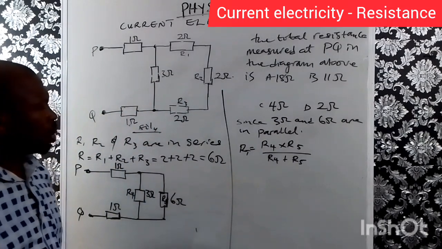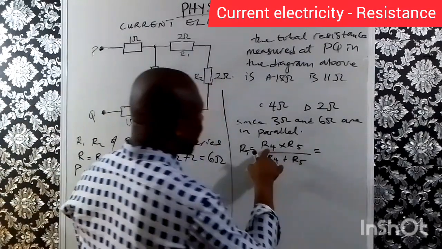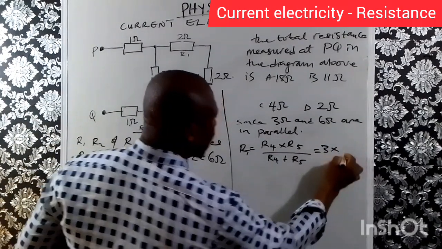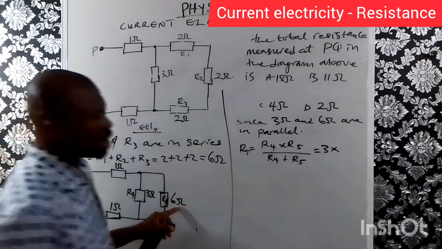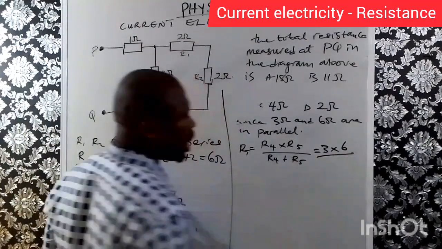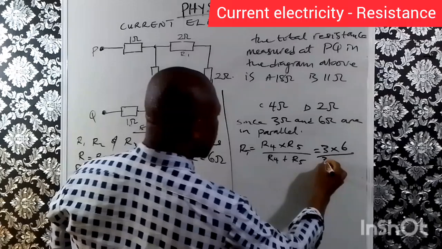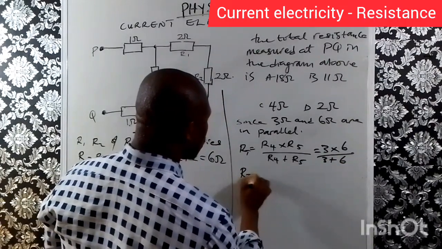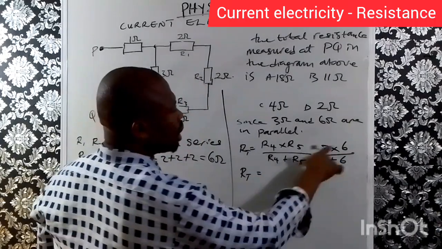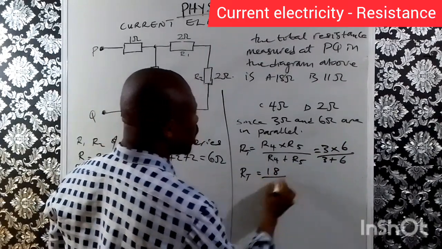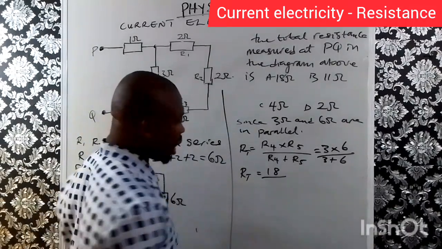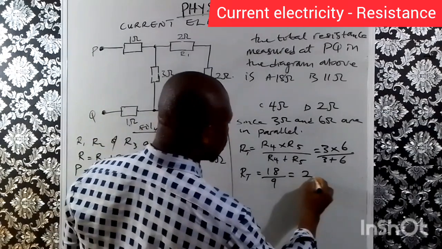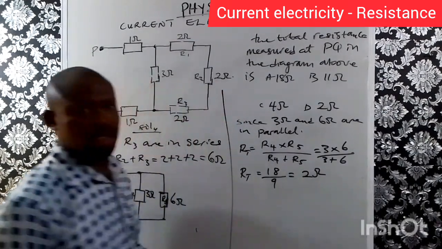Now when we do that, R4 is 3 times R5, which is 6, all over 3 plus 6. The R total is equal to 3 times 6 is 18, all over 3 plus 6, which is 9, and this over this will give us 2 ohms.